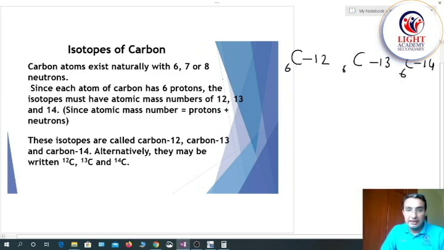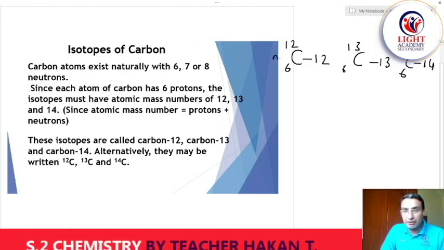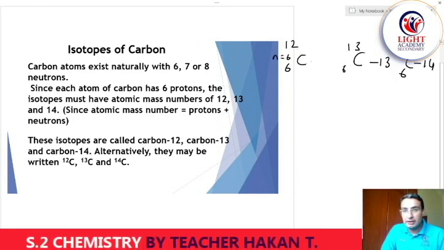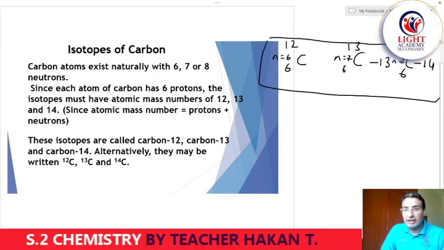So what makes them different? Of course, the different number of neutrons. Here the number of neutrons is 6, here it is 7, and here it is 8. So these are the isotopes of carbon.